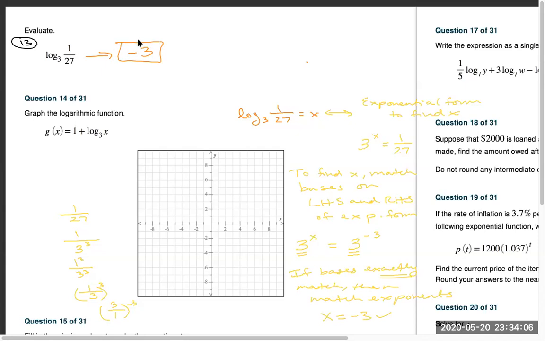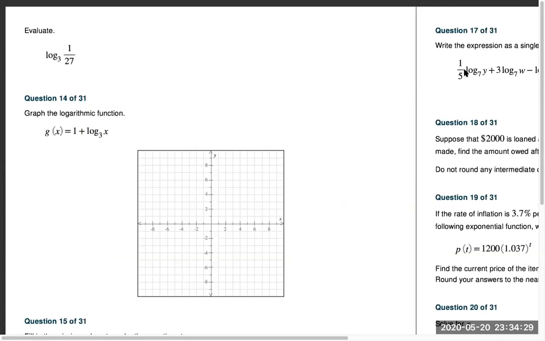All right, let me clear this out. And then I actually want to go back to the whiteboard now.